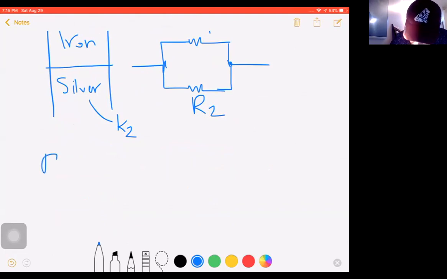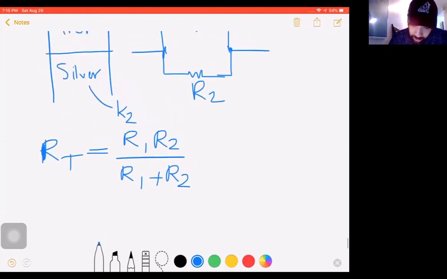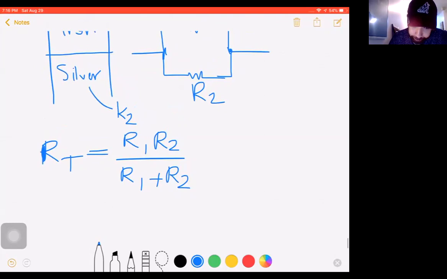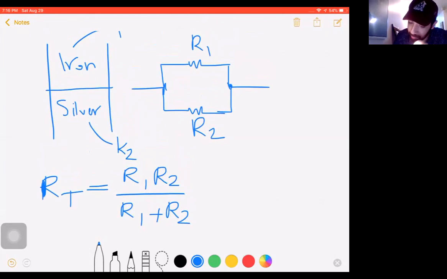Simply writing it down will give you this equation: R1 times R2 over R1 plus R2. This is the equivalent resistivity of this system. But if you want to find the formulation yourself, you can find it based on the voltage difference and current that is applicable in this system.